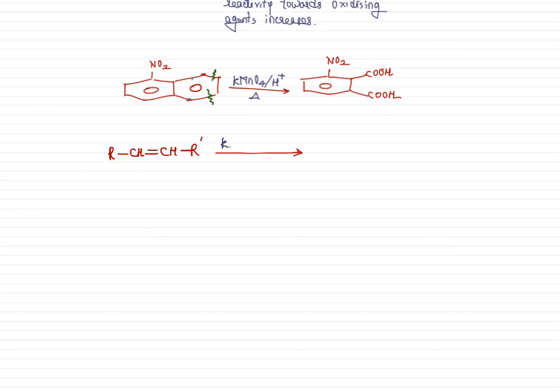You can use K2Cr2O7 plus H2SO4, or you can use KMnO4 in acidic conditions. You know that the chain breaks here, right? And both the components get converted into corresponding acids, which means you get RCOOH plus RCOOH.